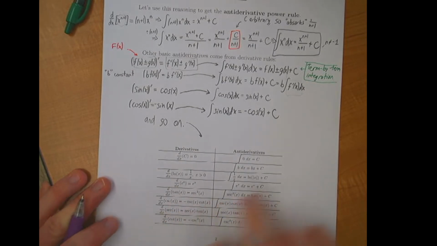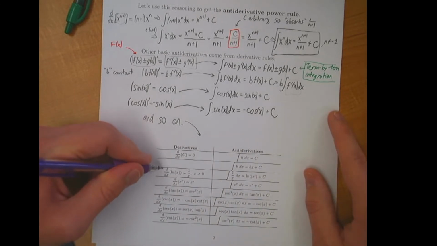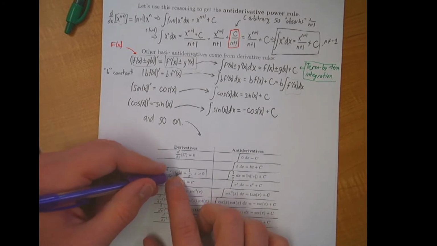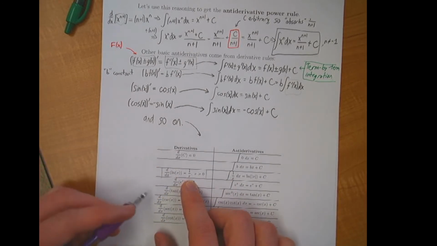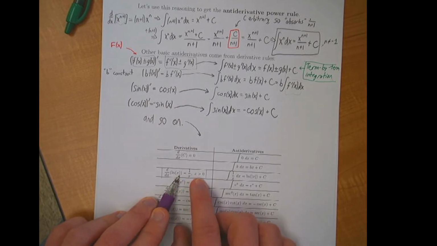And the other one that we sort of ignored earlier, but we'll bring up now, is this one right here. The derivative of natural log is 1 over x, right? But remember, the domain of natural log of x is x greater than 0.